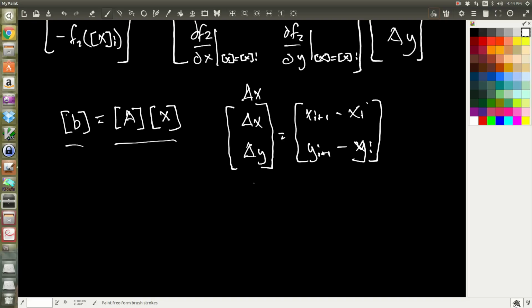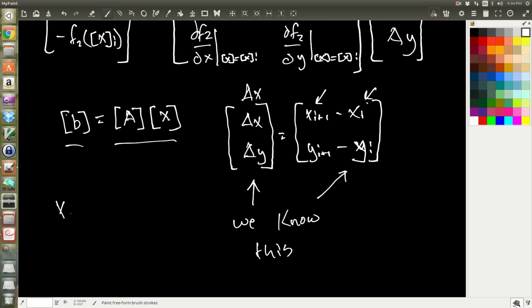So now we solve for delta x, so we know this. We also know the yi values and the xi values. That's our initial guess. Well, we can just solve for these xi plus 1 values.